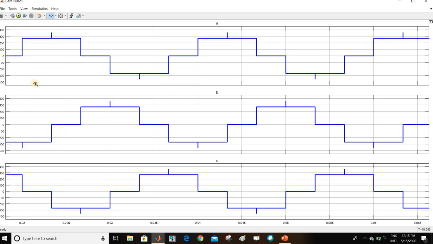That means VAB for 0 to 60 degree is VDC by 2 minus minus VDC by 2, that means VDC by 2 plus VDC by 2. So if we take line voltage, for the 0 to 60 degree span, you will see VAB is coming VDC, that means 540 volt is coming.